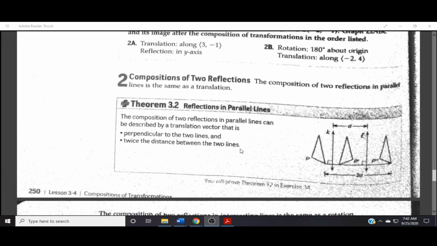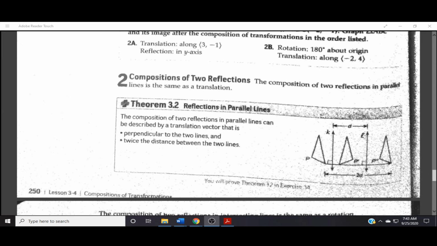Reflections in parallel lines. The composition of two reflections in parallel lines can be described as a translation vector that is perpendicular to the two lines. If you reflect it twice, you're going to have just a translation across.